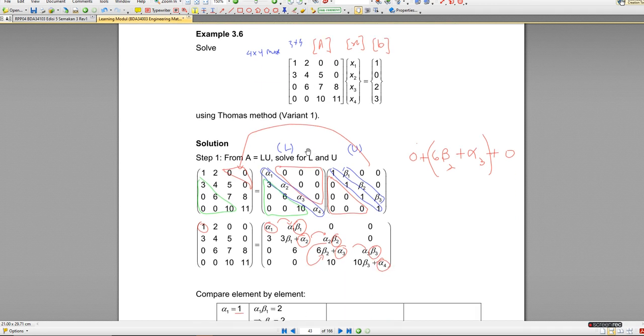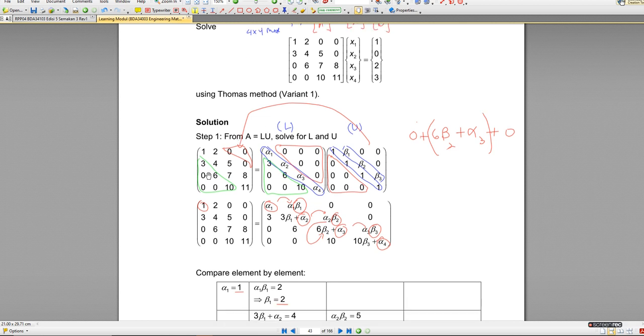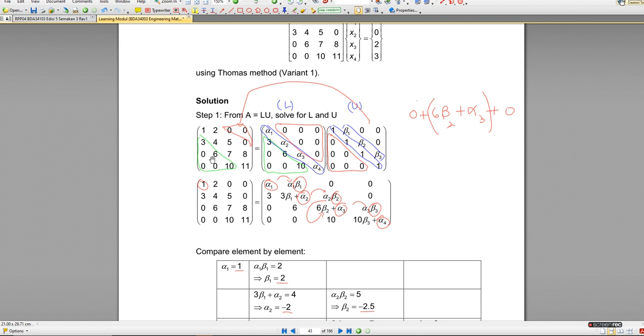For the solution, the arrangement of matrix A is the same, but the arrangement of matrix L and matrix U is like this: the upper elements in matrix L are 0, while the lower elements in matrix U are 0.